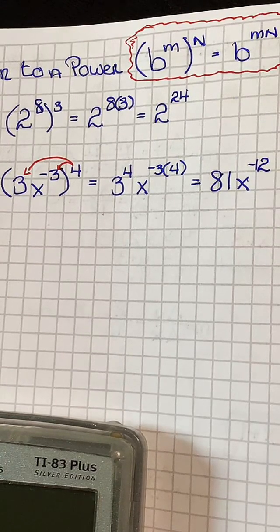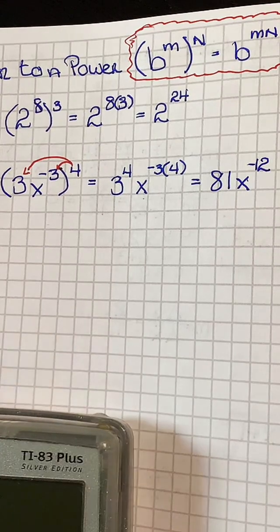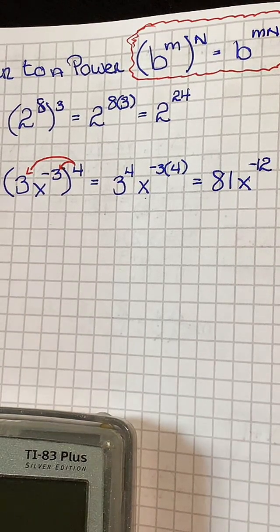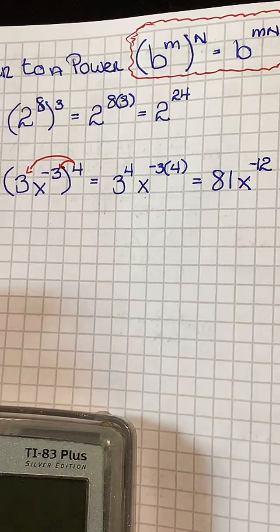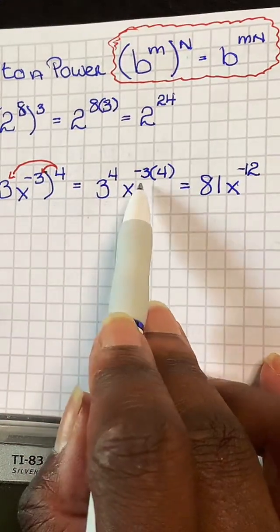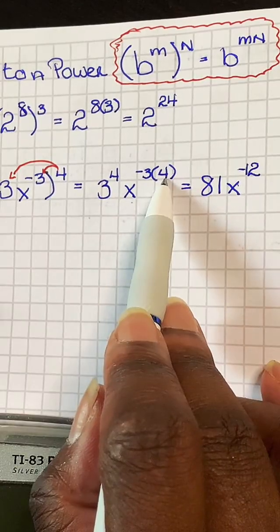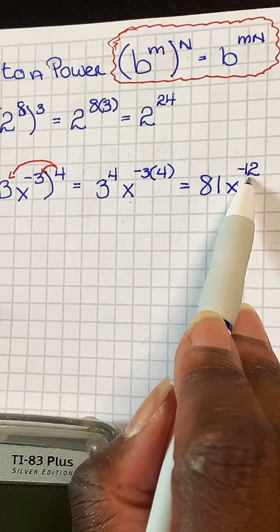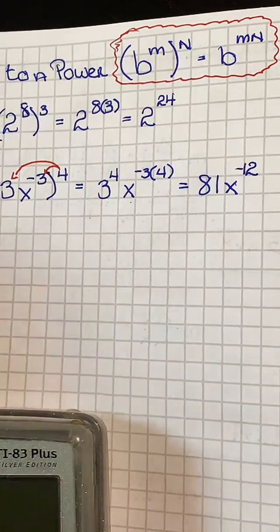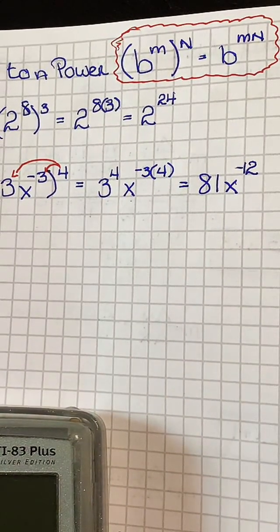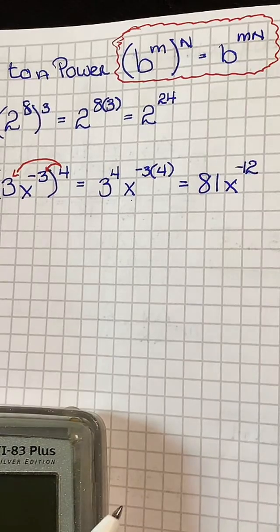What's wrong with this situation? Ooh, good question. Twitch, good question. Negative 3 times 4, that'll give us our negative 12.